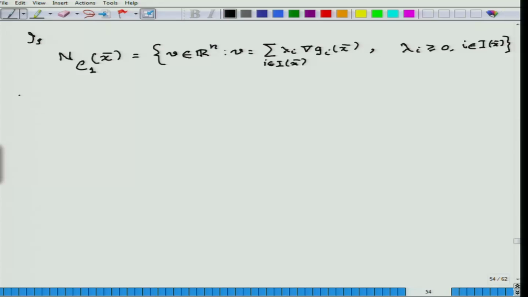Now, the first steps are the following, which we will now do one by one.